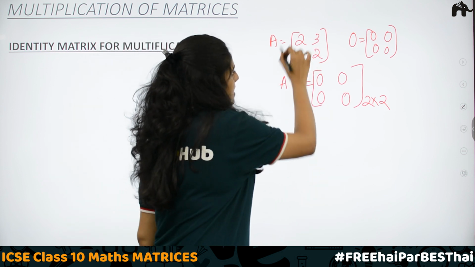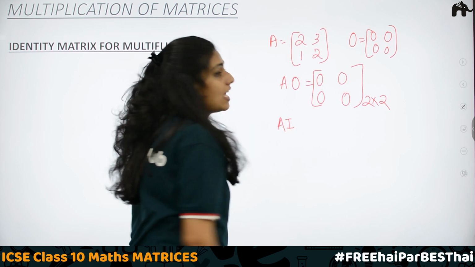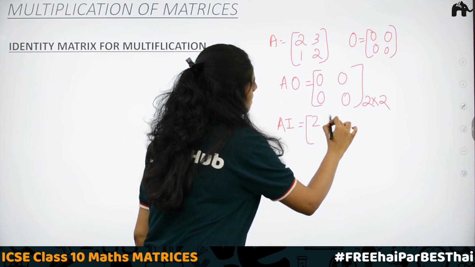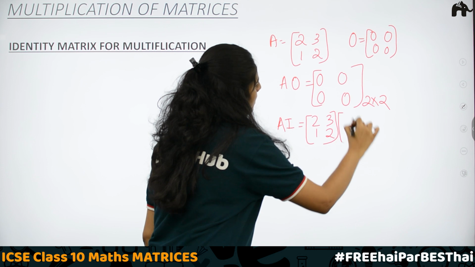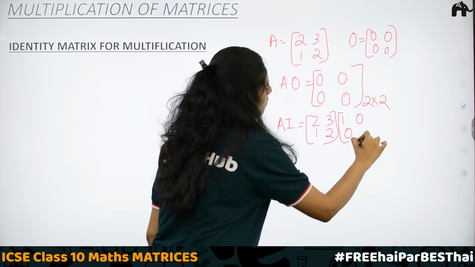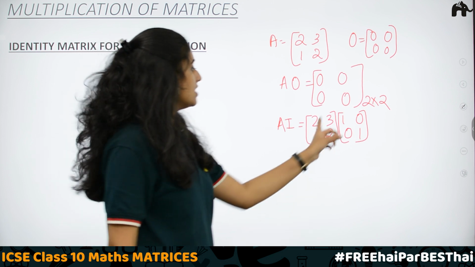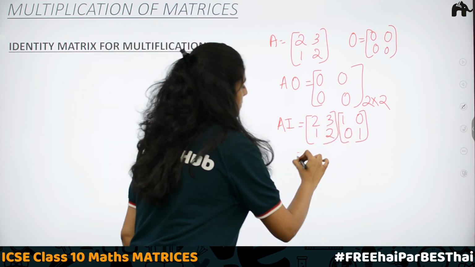Here, taking the same example, I am going to multiply this with identity matrix. 2, 3, 1, 2 into 1, 0, 0, 1. What do we get? First element.